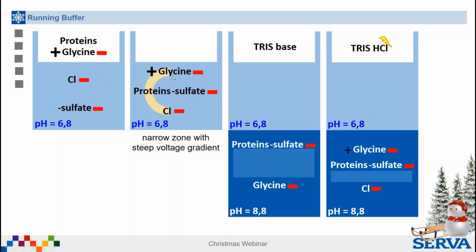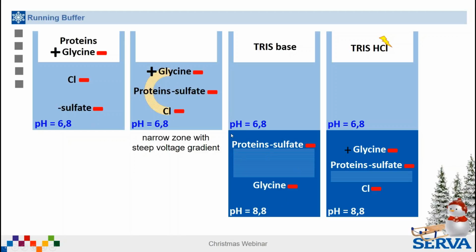The glycine is very slow and does not really want to go all the way, and the chloride is fast and wants to go through very fast as well. So in between those two, there will be a narrow zone with a steep voltage gradient that is causing the proteins to stay in between these two molecules. And this is the effect you want to have.